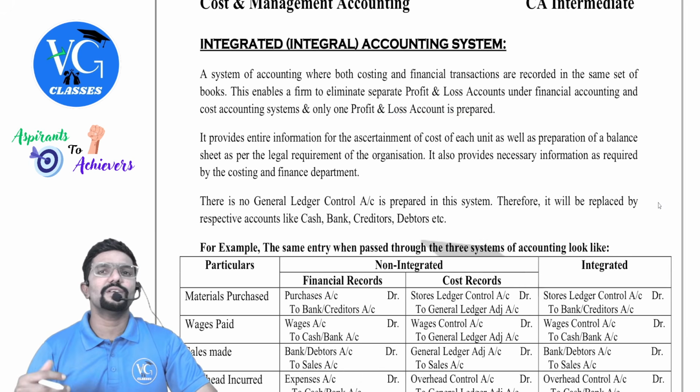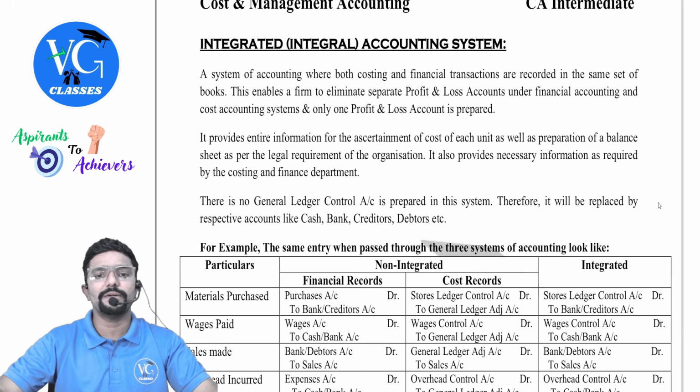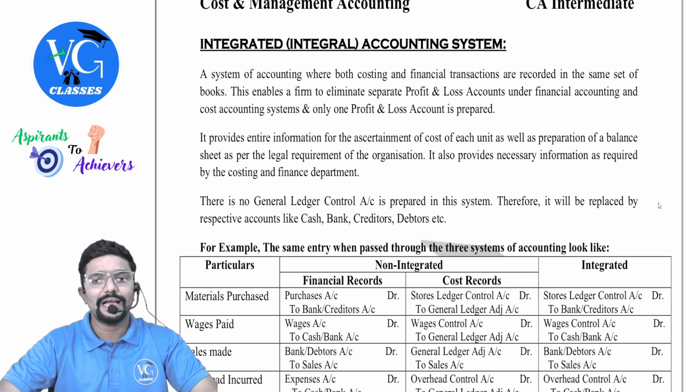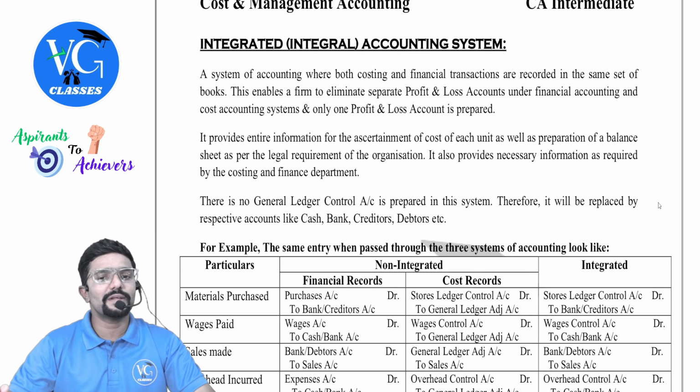So only one profit figure we will have. It provides entire information for the ascertainment of cost of each unit as well as preparation of the balance sheet as per the legal requirement of the organization. It also provides necessary information as required by the costing as well as finance department.